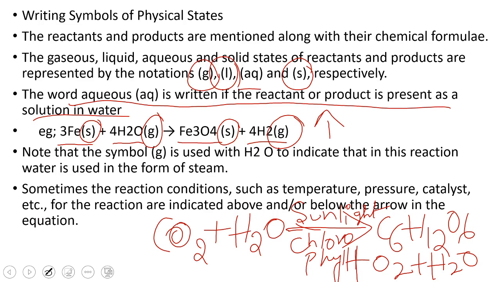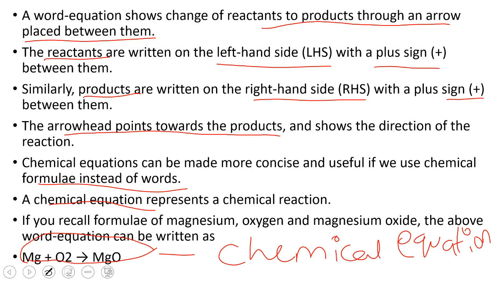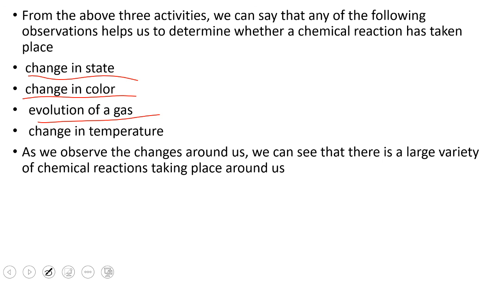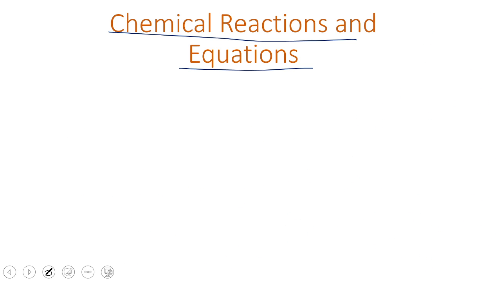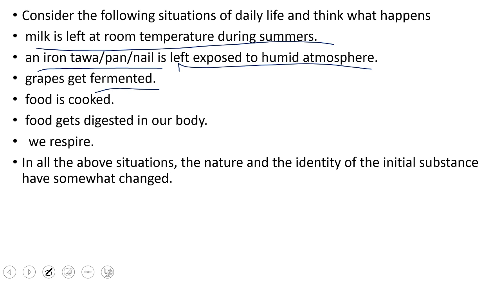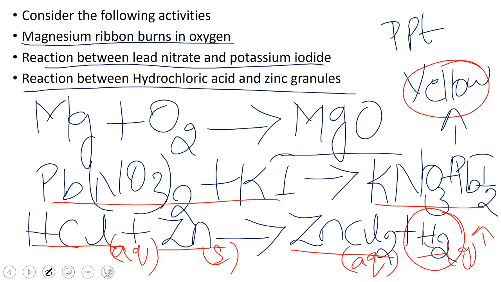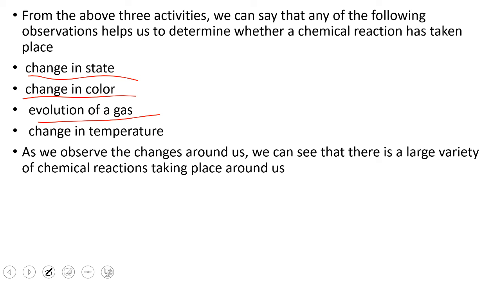So now just to recap, we have discussed the chemical reactions. Chemical reactions, some substances are reacting and producing new products, that we call a chemical reaction. How can you say that a chemical reaction takes place?